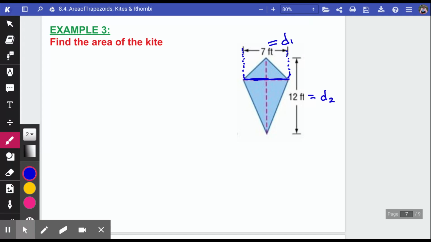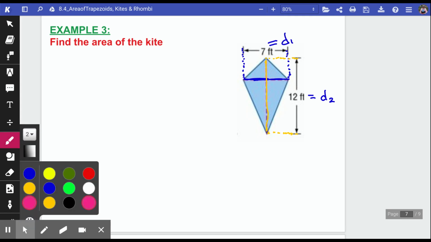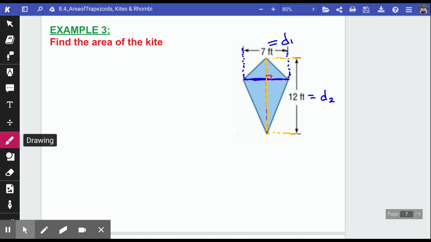If I bring this across, I can see that that's these lengths right here. They are perpendicular to each other. So we know they're not the slanted distances, they are the lengths of those diagonals.